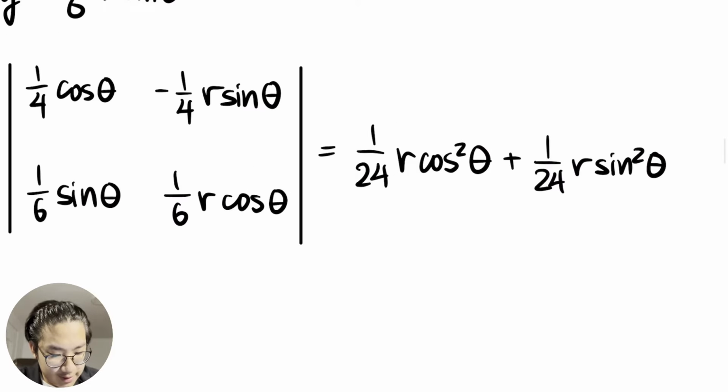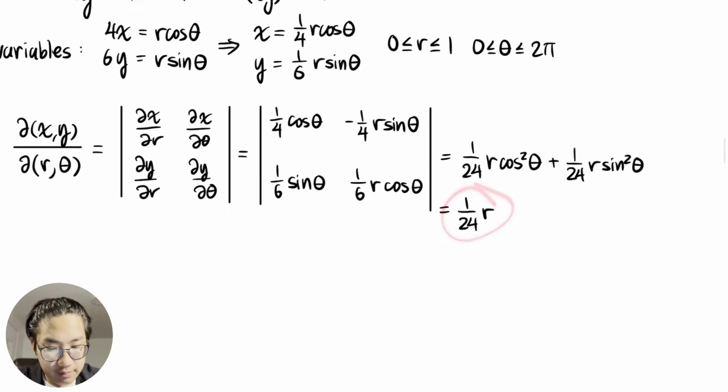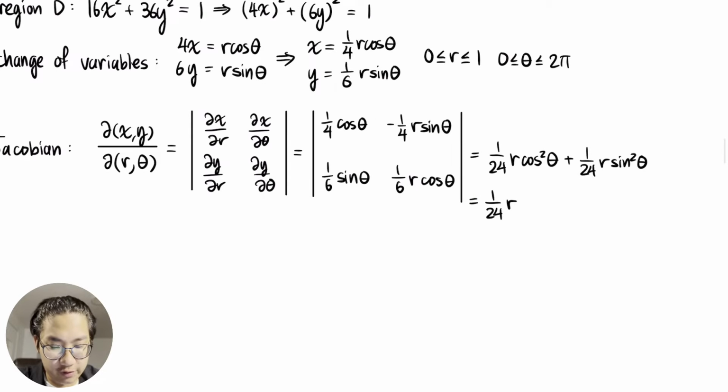Hopefully you can see that this is equal to 1 over 24 r, and you get this by factoring out the 1 over 24 r, and then you get sine squared theta plus cos squared theta, which obviously is 1. So this right here is our Jacobian, and that'll help us do our change of variables.